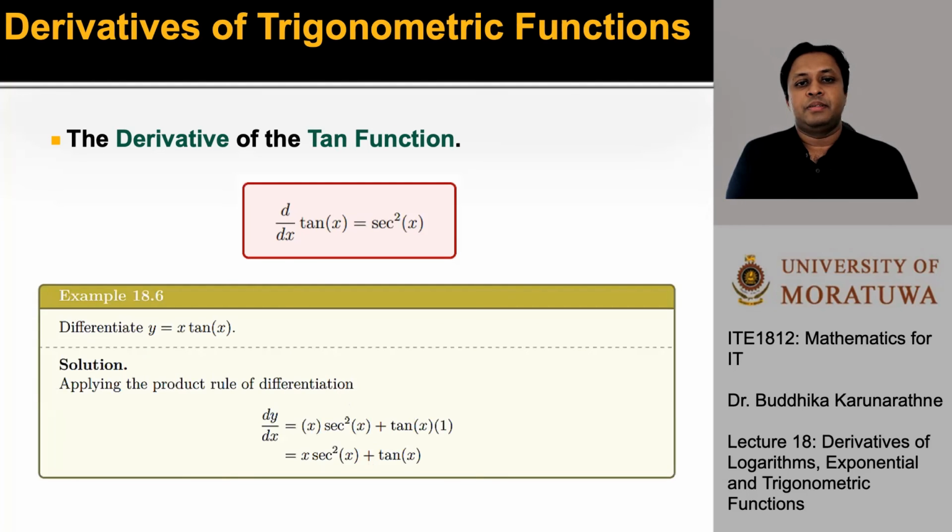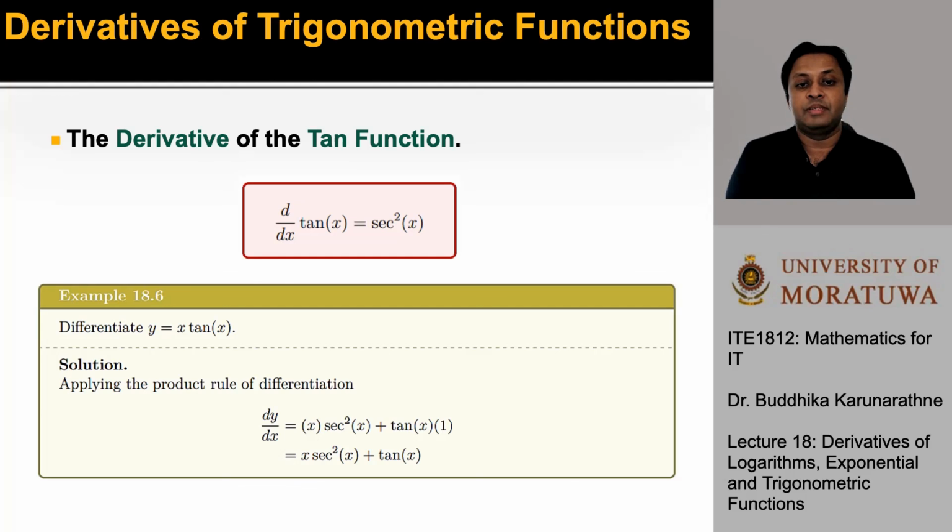Now we have the tangent function. d over dx of tan x is equal to sec squared x. Let's take an example once again: differentiate x tan x. We need to apply the product rule of differentiation here. You want dy over dx, and applying the product rule it becomes x times sec squared x.